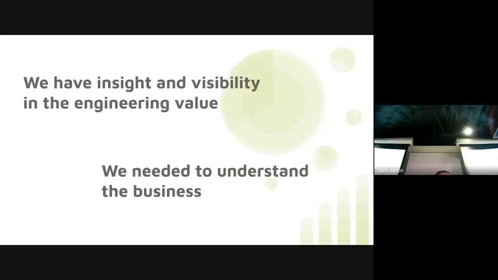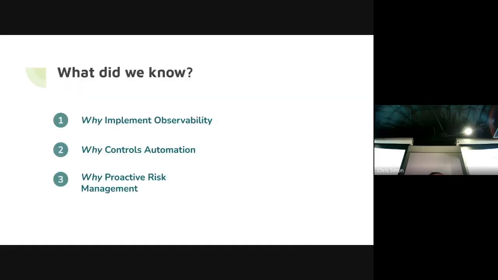So what we had with all of those experiments, and what that reiterated, was that we had insight and visibility on the engineering value, but we needed to understand the business and what's driving the business. We knew why we were implementing observability. We knew that observability would enable controls automation.